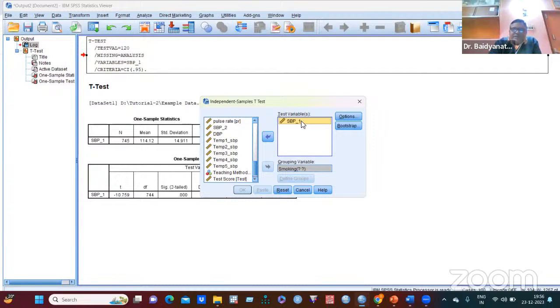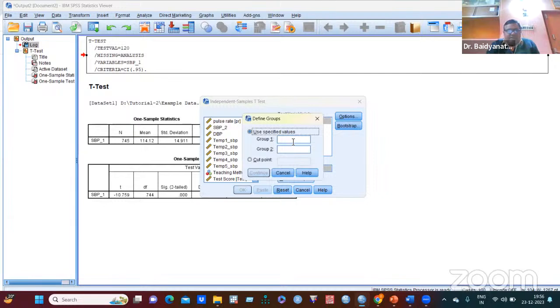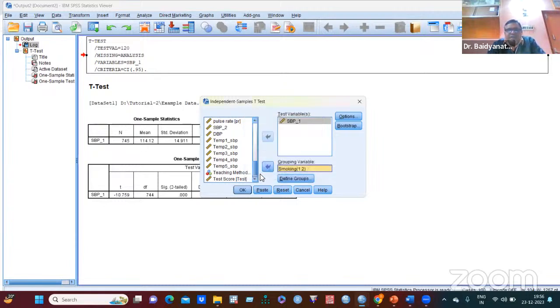In this data, systolic blood pressure must follow the normal distribution. And since there are two groups, we check the homogeneity of variance between the groups. So here the range is 1 and 2. One means smoker, and 2 means non-smoker. Then continue, and check the result.